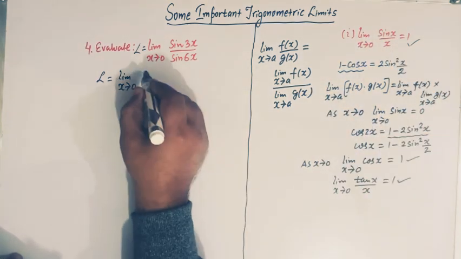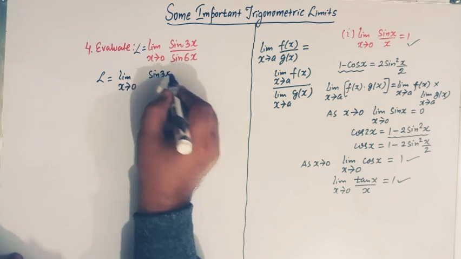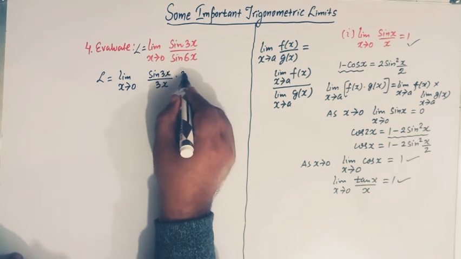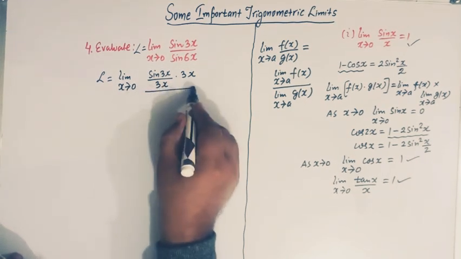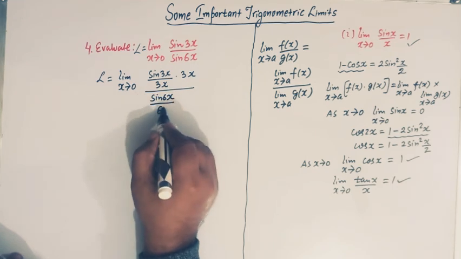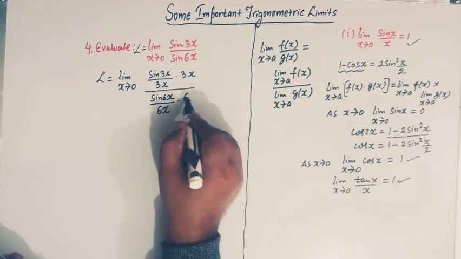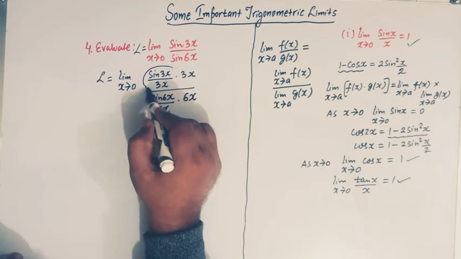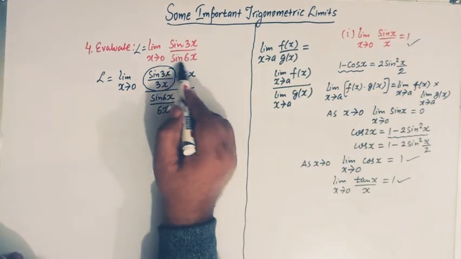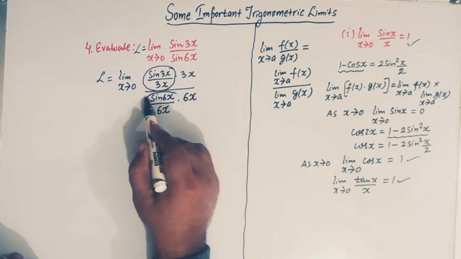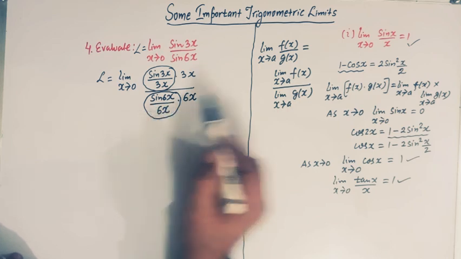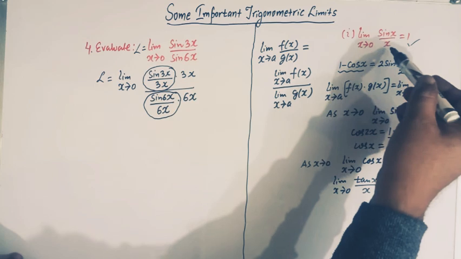So what we will do, we'll write sin 3x as sin 3x divided by 3x multiplied by 3x, right? Similarly, sin 6x can be written as sin 6x divided by 6x times 6x. So now this term is of this form, sin x over x, and sin 6x is expressed like this. So sin 6x over 6x, right?